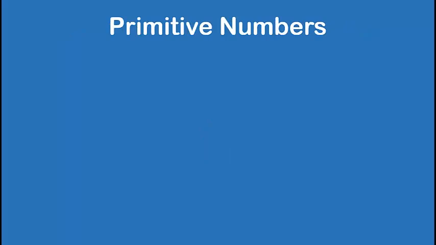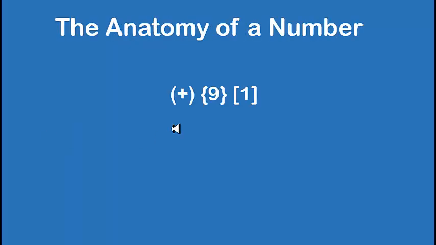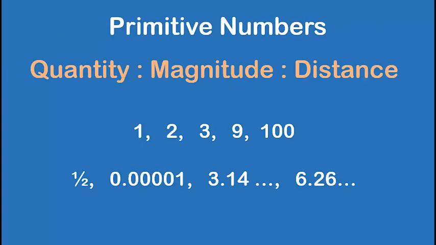And the primitive number, okay, doesn't have the plus sign and doesn't have the identity. It is just the raw number, okay? So the primitive numbers are just quantities, magnitudes, and distances. They could also be weights.